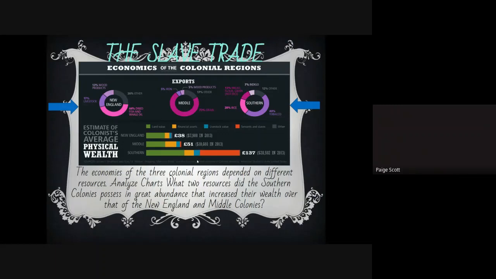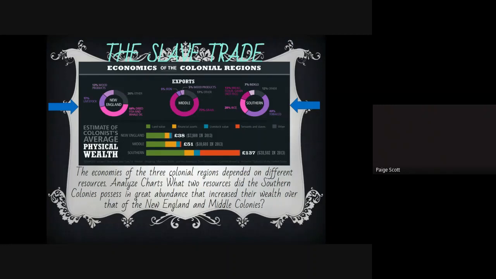Then the middle colonies, we have 51 euros, which in 2013 US dollars was 10,608. Then the southern colonies was 137 euros, which in 2013 US dollars was 28,502.